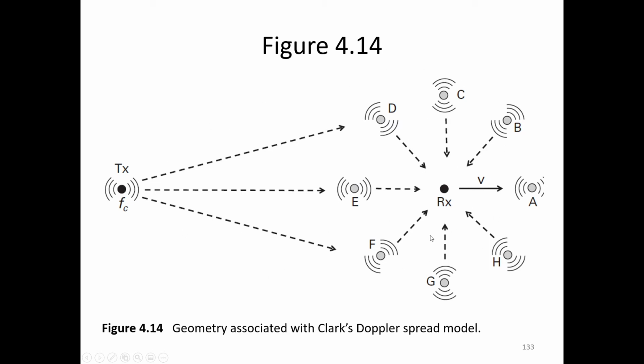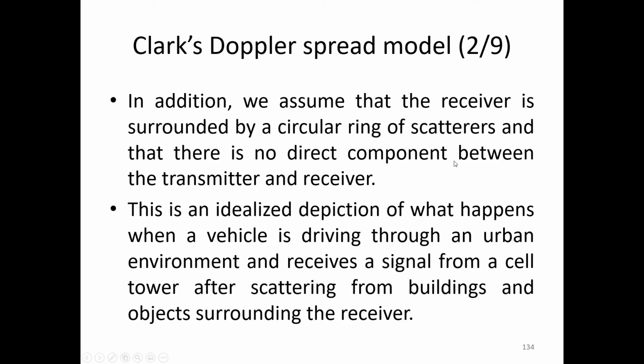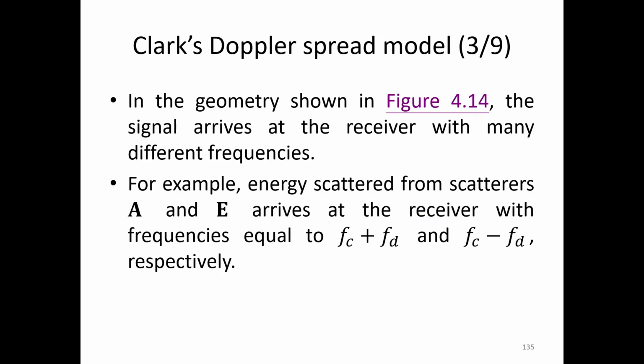Okay, here is Figure 4.14. For example, energy scattered from scatterers A and E arrives at the receiver with frequencies equal to Fc plus Fd and Fc minus Fd respectively.